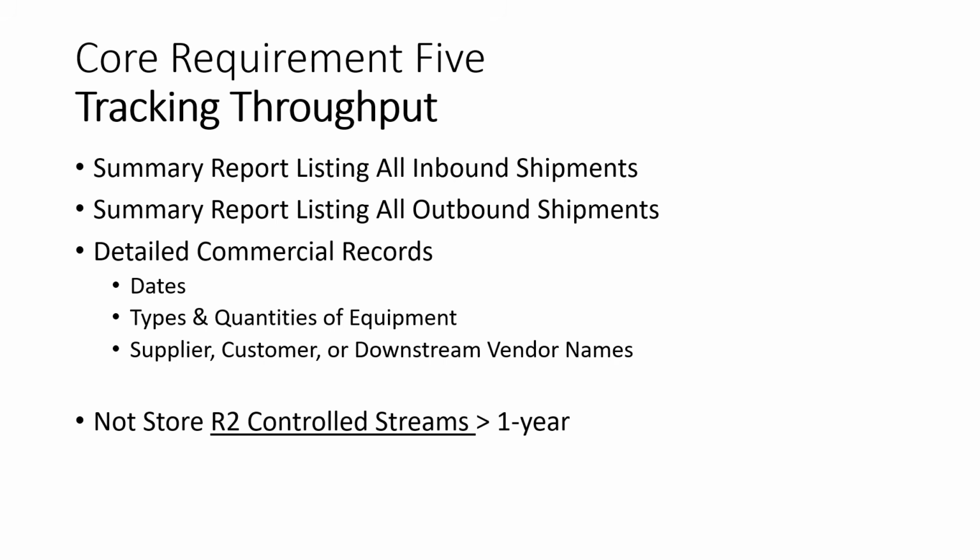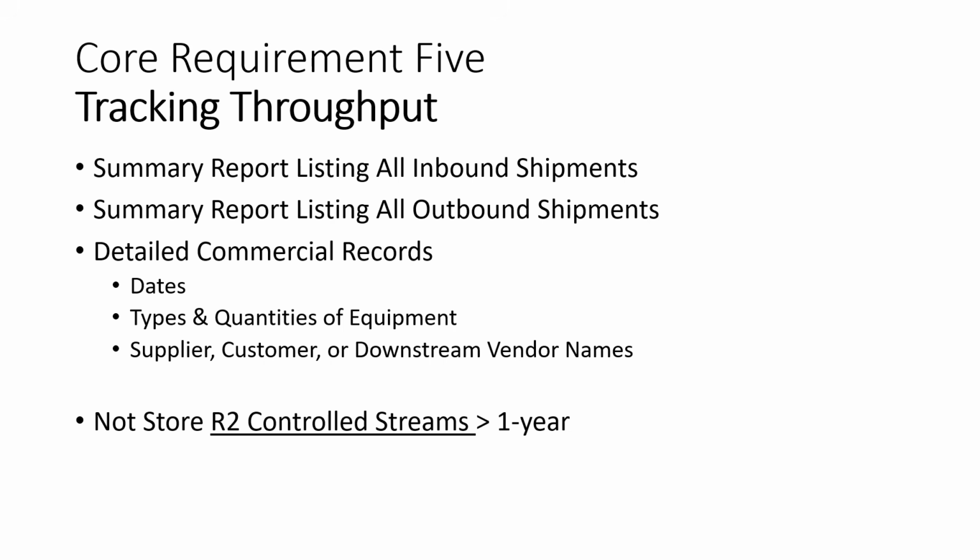Our specific requirements will be to maintain a summary report listing all inbound shipments, a summary report listing all outbound shipments, as well as the maintenance of detailed commercial records that include dates, types, and quantities of equipment, as well as supplier, customer, or downstream vendor names.